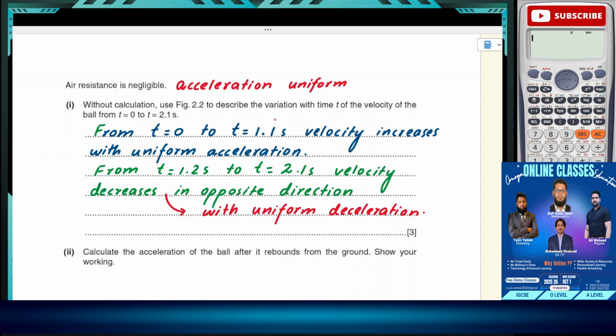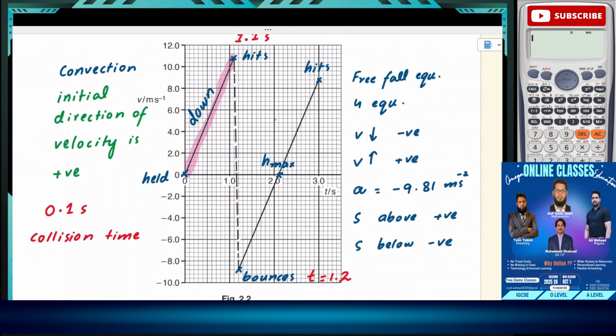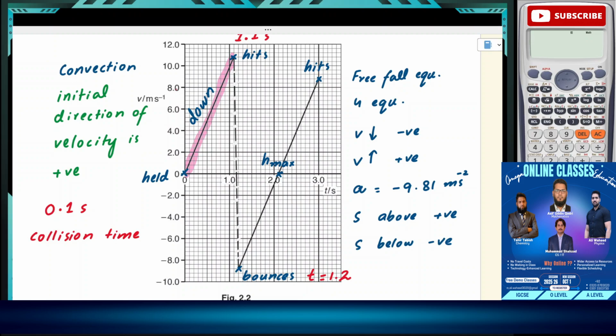So if the acceleration was 10 meter per second square, the deceleration would also be 10 meter per second square. How do we know? Because the gradient of these two lines would be same. Then why do we call this acceleration and the other one deceleration?